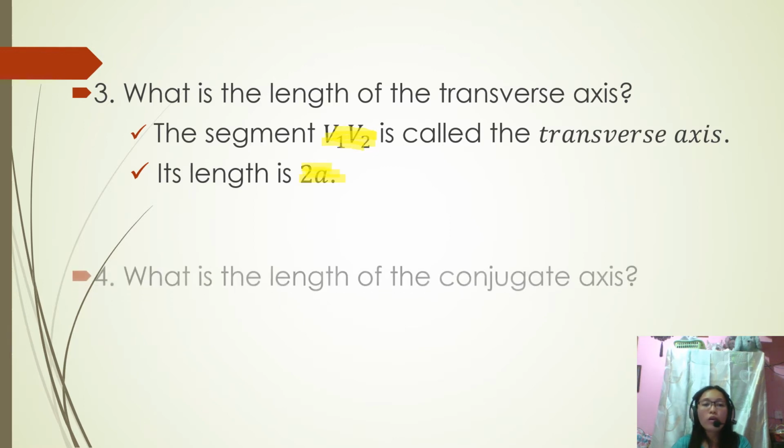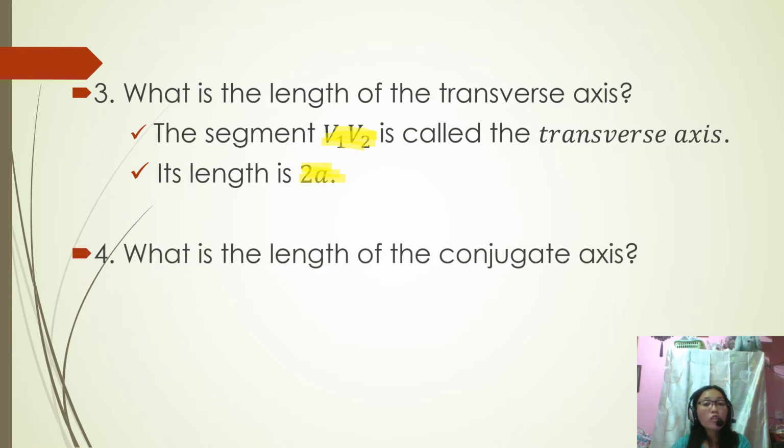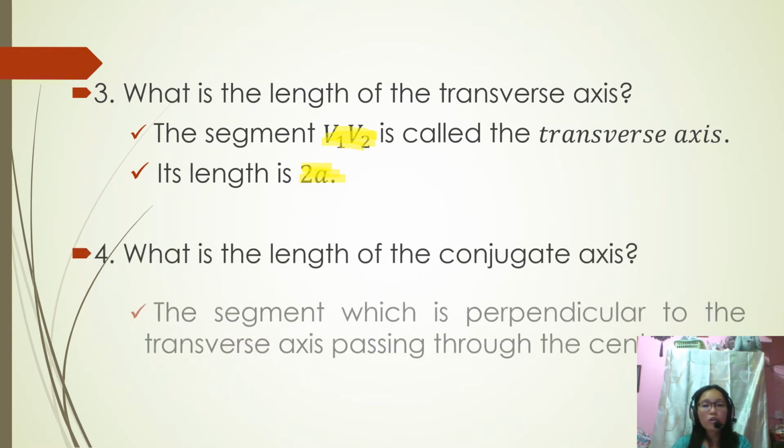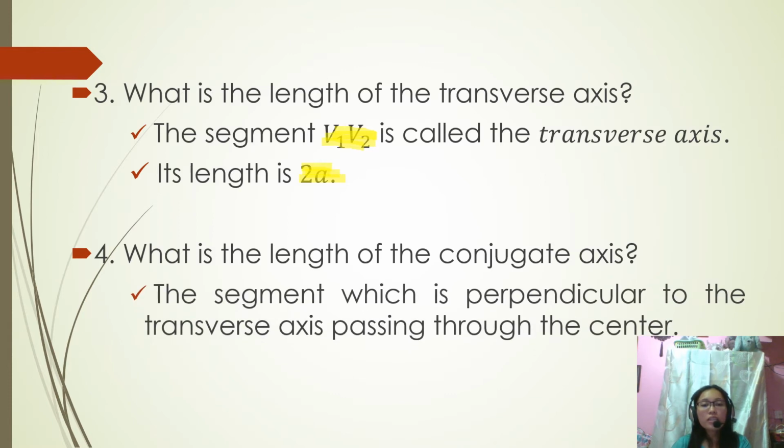What is the length of the conjugate axis? The conjugate axis, this is the segment which is perpendicular to the transverse axis passing through the center. Again, nanapot tayo word nga perpendicular. So, always yun na, ini pass through niya sa transverse axis, maka-form gid siya right angle.